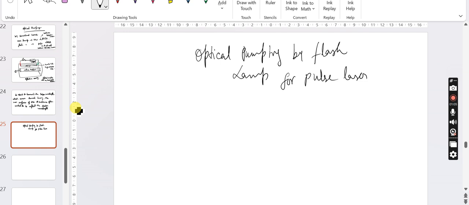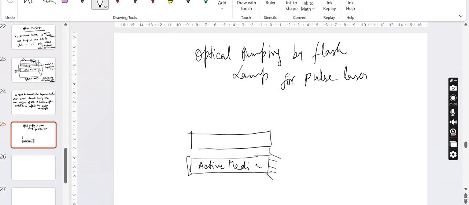So here basically, this is the active medium. Then the quartz tube is here, a bit wide. Noble gas is also there.